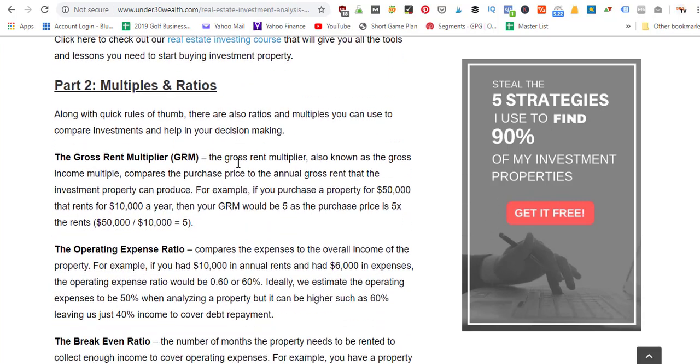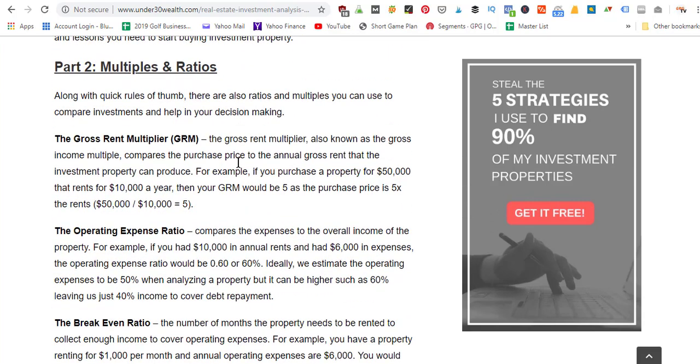Lastly, let's talk briefly again about the gross rent multiple. This is just looking at how much you're going to buy the property for relative to how much gross rents you're going to acquire. So if you think about 5 different properties out there, one could be selling for $100,000, one for $200,000, one for $175,000.